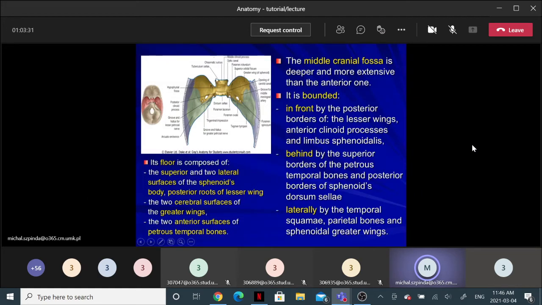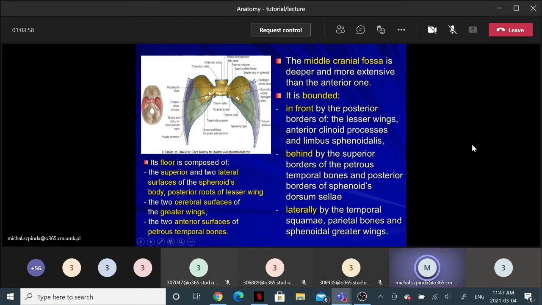Normally, the greater wing has only 3 usual foramina, but sometimes there may be 2 more foramina. One is somewhat medial to the foramen of Bailey, and transmits Vesalius vein.